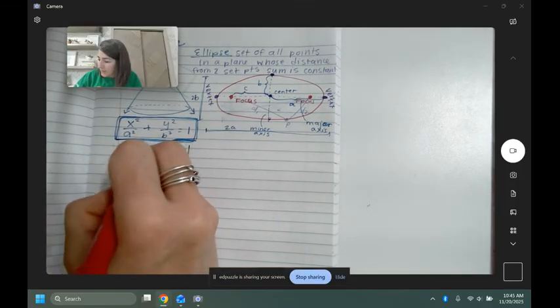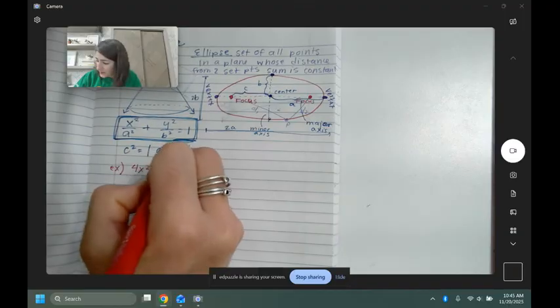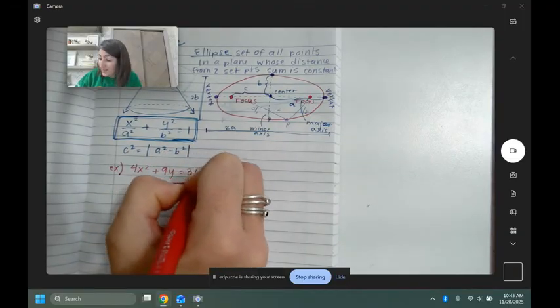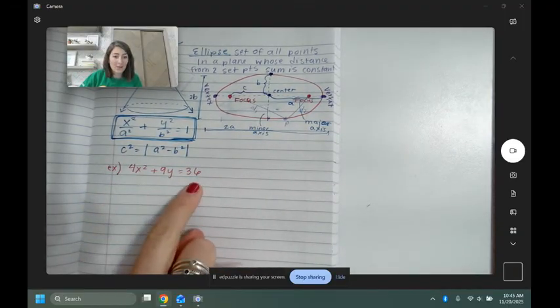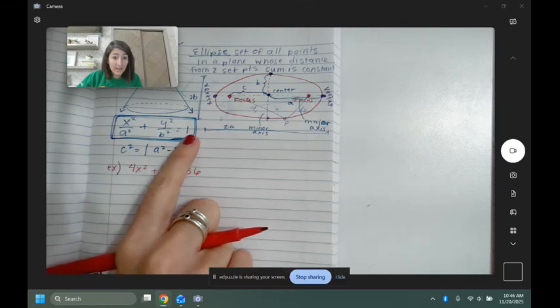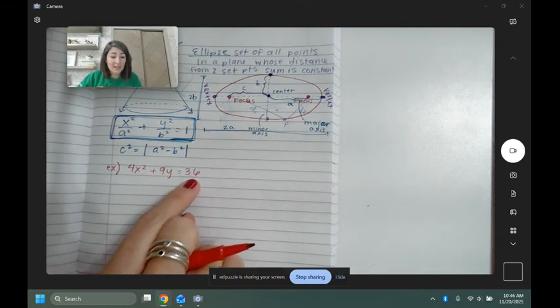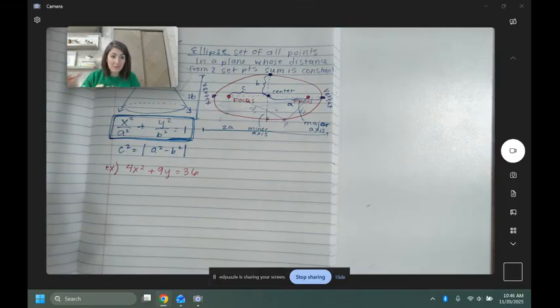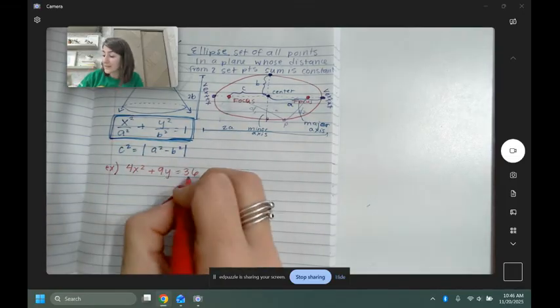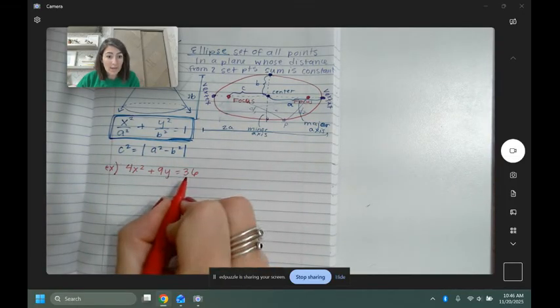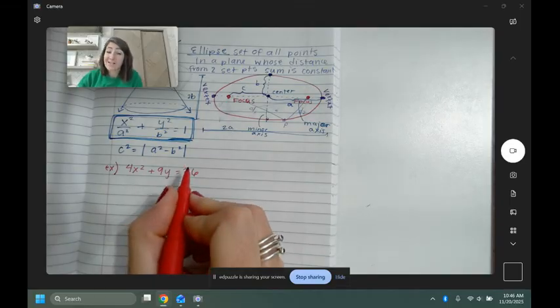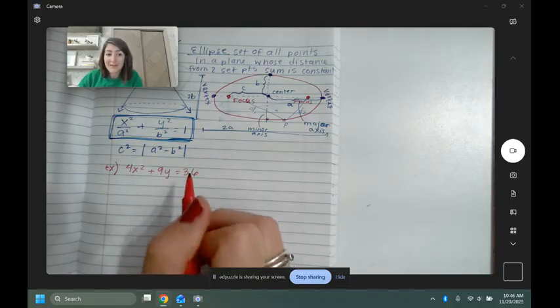All right, so I've got 4x squared plus 9y squared is 36. Notice that the standard form equation has a 1 here, and this is a 36. So to get this into my ellipse standard form, I need to get this equal to 1. Subtracting 35 from both sides would not do that, and it's very messy.